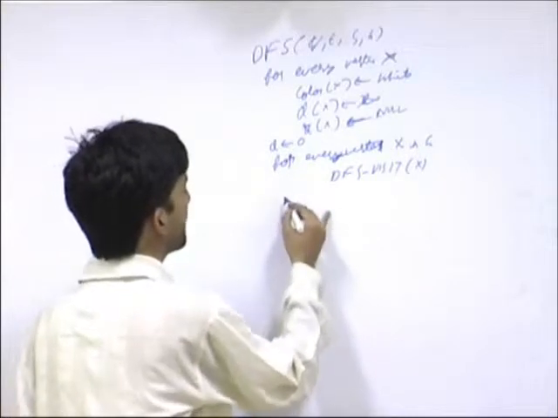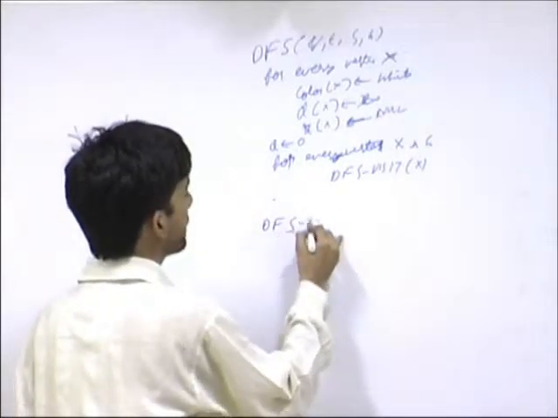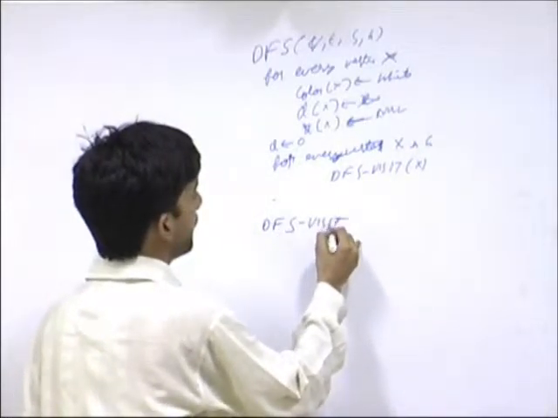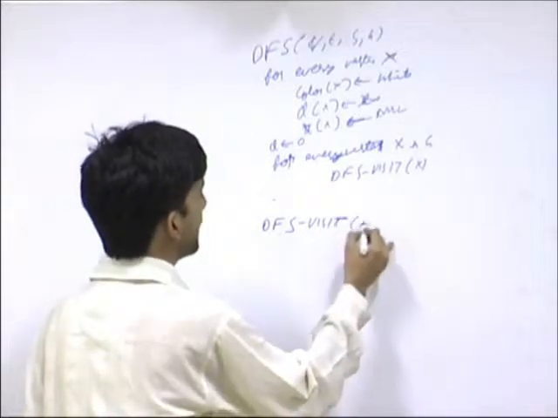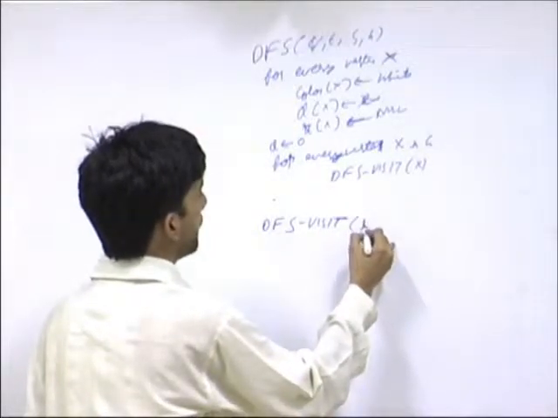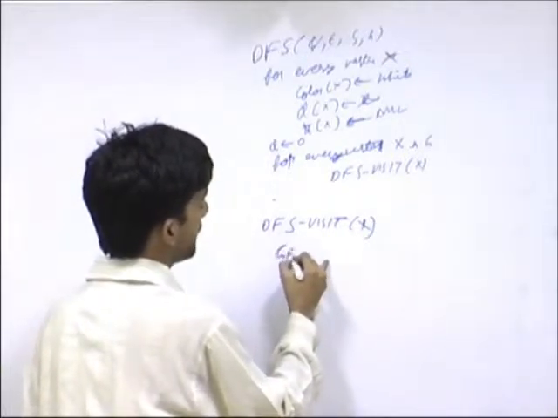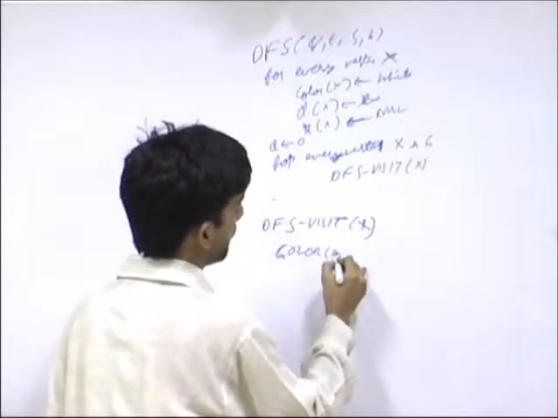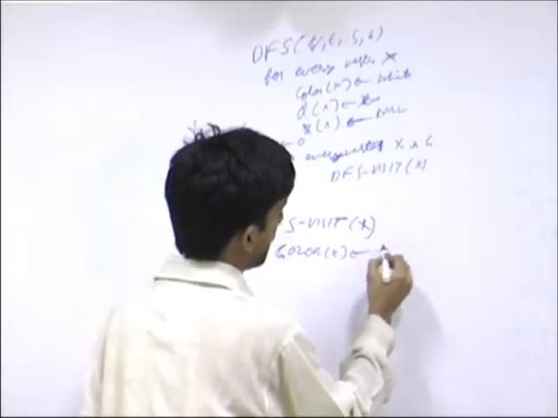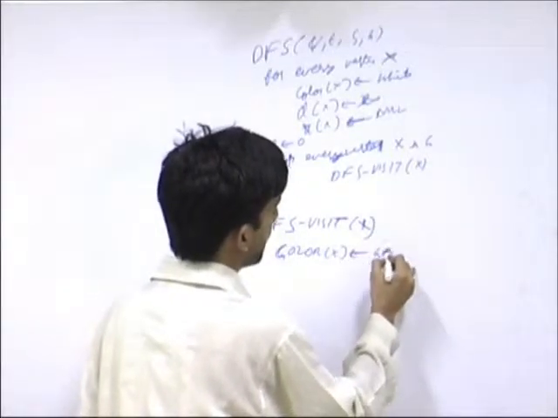And in the same algorithm that we wrote, there was a DFS visit. What it simply said was the color was first initialized to be gray.